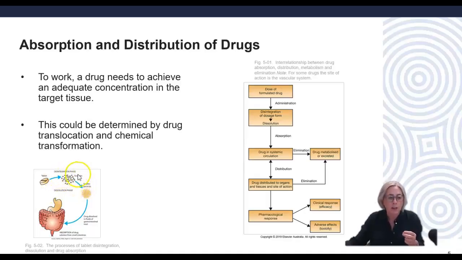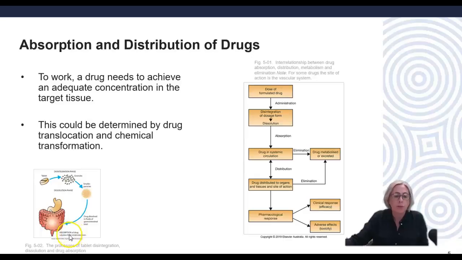There is a disintegration phase or dissolution phase where that tablet kind of dissolves and releases granules, and then those granules release those smaller particles, being those drug molecules, right? So this drug then is dissolved in the fluids of the gastrointestinal tract.